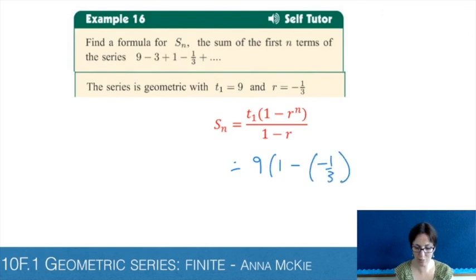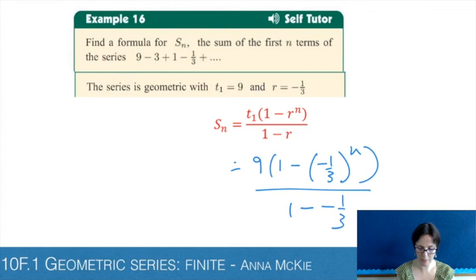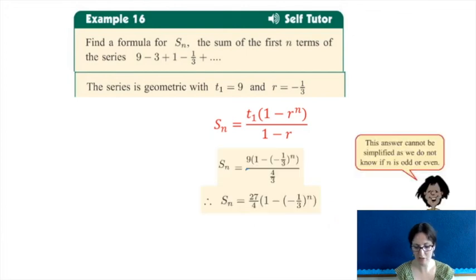Very important to have those brackets, to the power of n over 1, subtract -1/3. And when you tidy that up, that 9 divided by 4 on 3 becomes 27 on 4. Keep those double negatives. You can't change that into a positive, in case you're tempted.